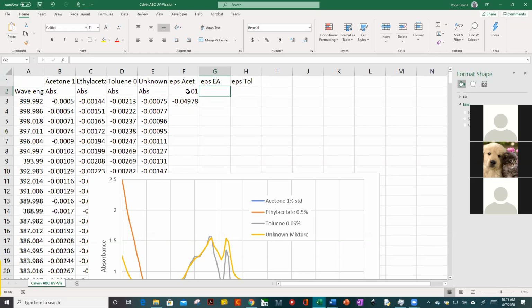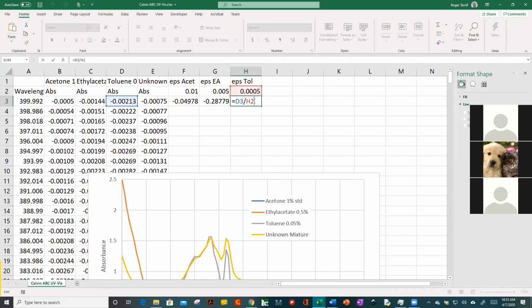Wait, sorry. And toluene is 1/10 of that. So we can actually do acetone, ethyl acetate, toluene. There we go. So now I'm going to double click here.